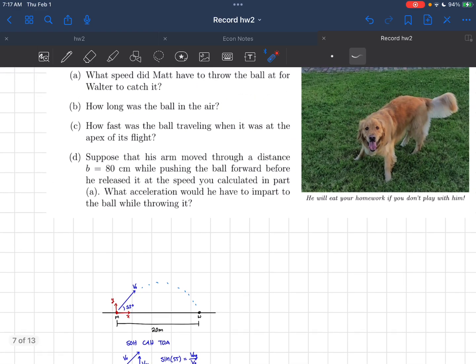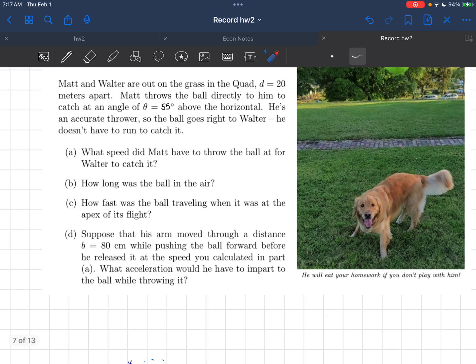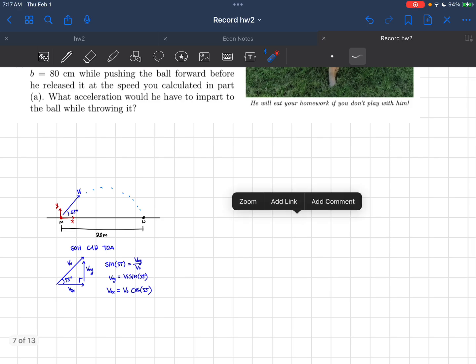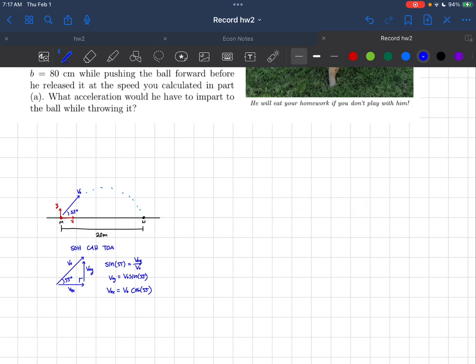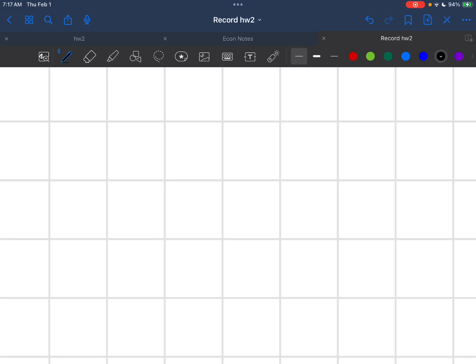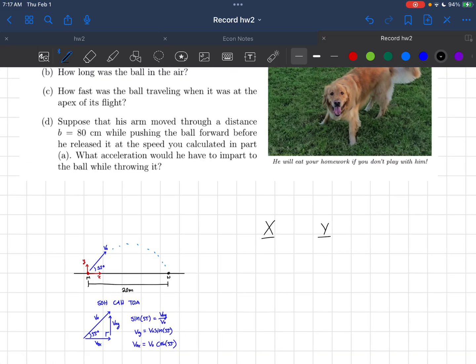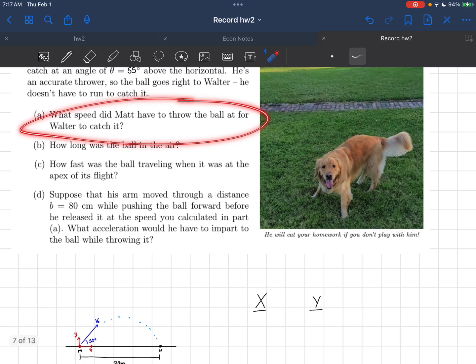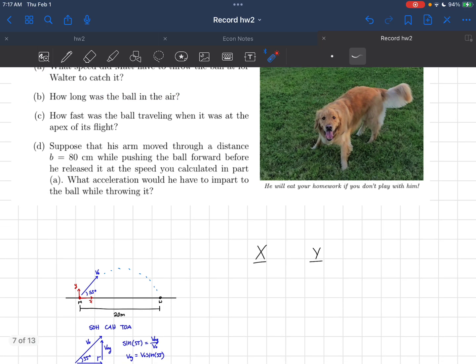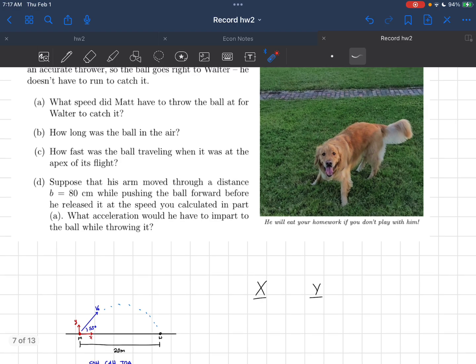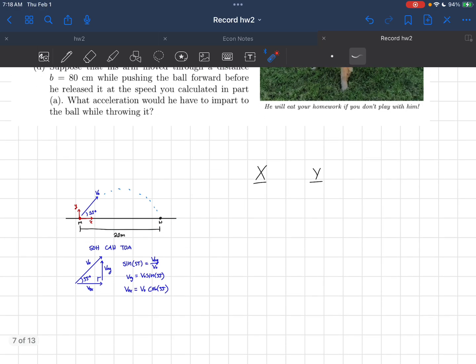So all of this is to say that we're trying to solve for what speed Matt had to throw the ball at for Walter to catch it. Now that I know generally what I'm thinking about solving for, I want to think about what I know, because that will lend itself to how to select equations.